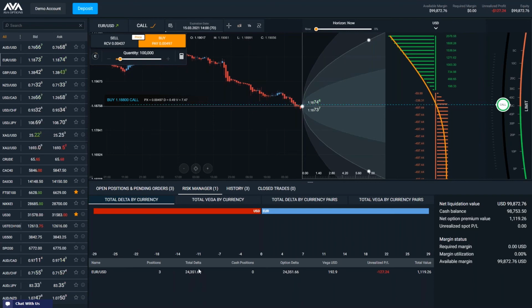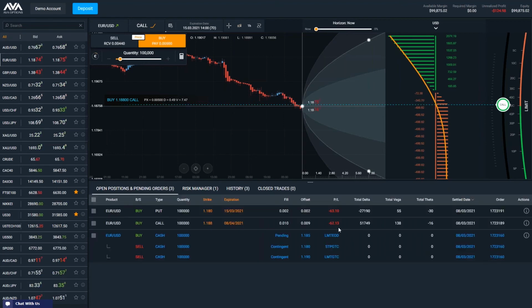Our net delta, our net exposure is long 24,000 Eurodollar. Why is that? Because we've bought a call that was at the money that has a net delta of 51,000. We're long 51,000 equivalent of the underlying asset, and the put we're only short 27,000 because we bought an out of the money put. So our net risk is long about 24,000 Eurodollar.